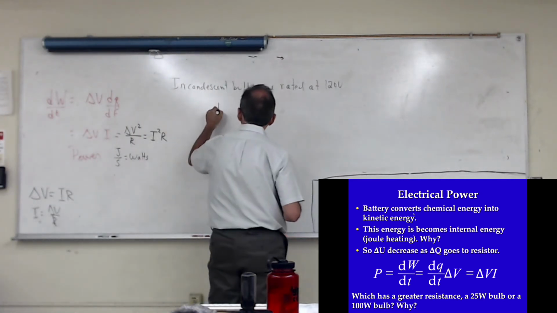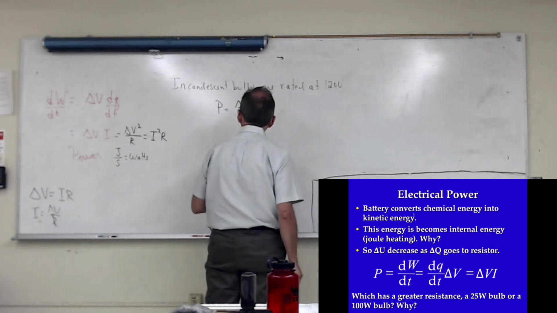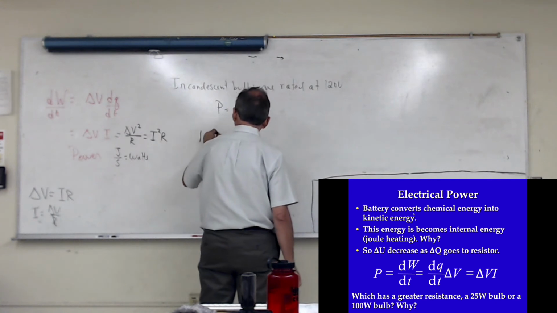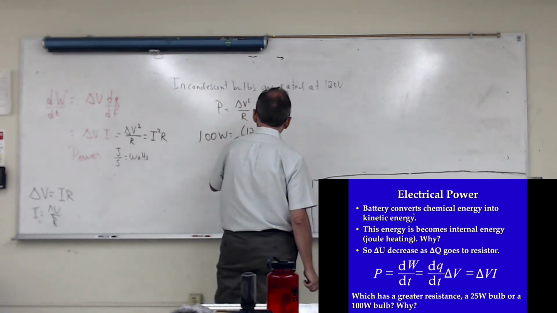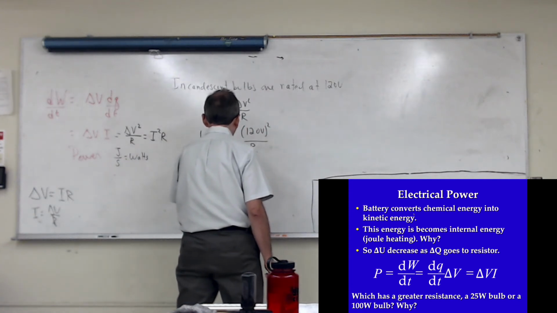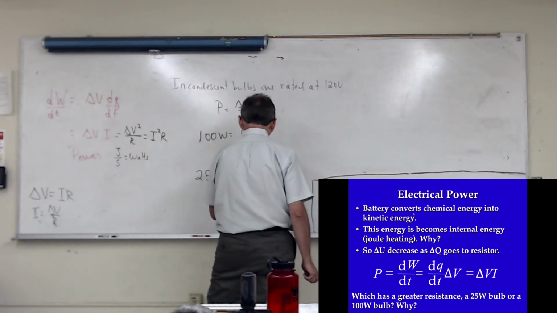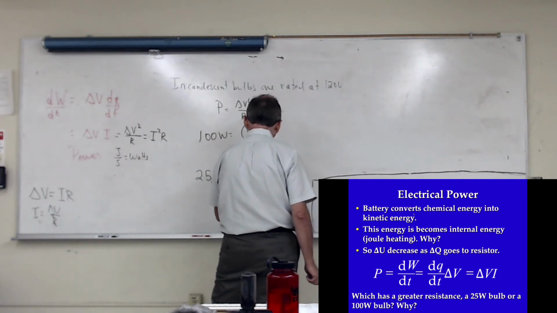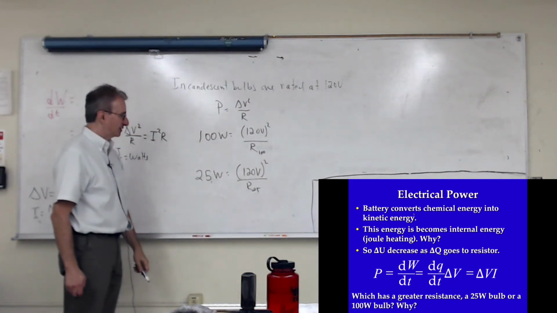So my power is delta V squared over R. So in one case I have 100 watts. In another case, in which case is the resistance higher?